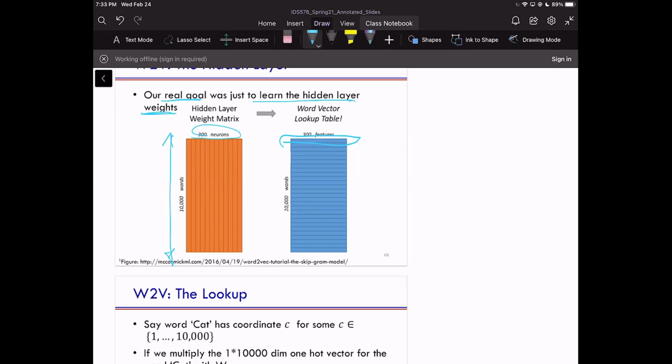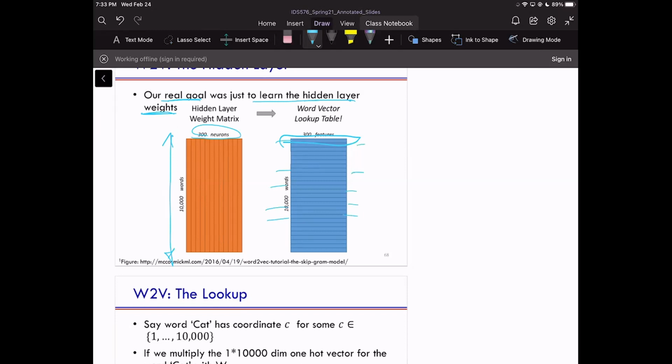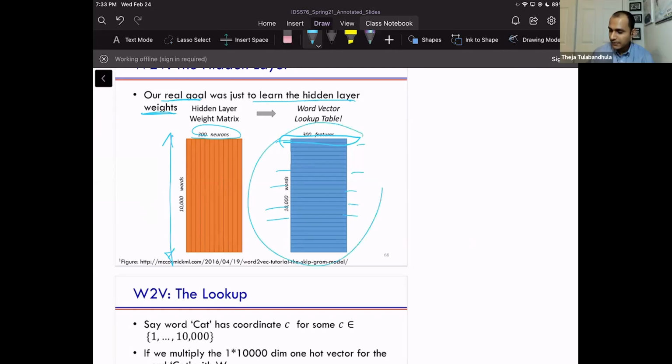Yeah. So for every word there's a corresponding vector, right? So if you have a sentence with 10 words, the vectors correspond to those 10 words. Whatever the classification task we do, at the end of the day, we get a bunch of weights, right?